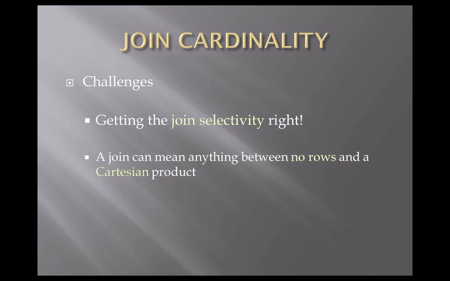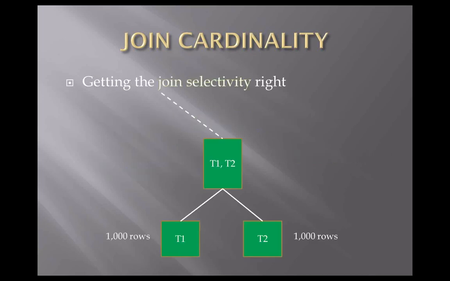So again, what is the challenge for the optimizer with regards to joins? One of the challenges is getting the so-called join selectivity right, which means what is the filter ratio of the join. And the problem here is, again, that this is a non-trivial task, because a join can basically mean anything between returning no rows and the Cartesian product.